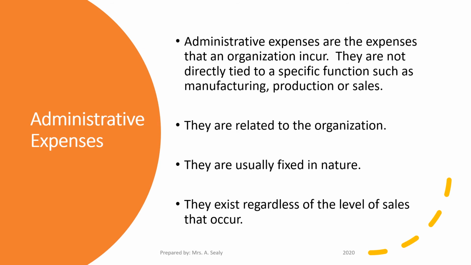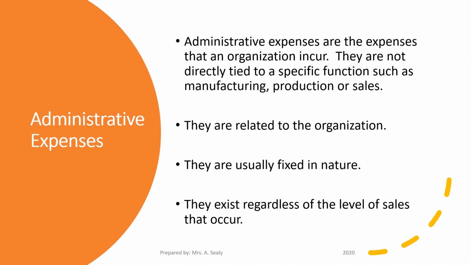They relate to the organization as a whole, as opposed to an individual department. They do not relate to a particular department within the company. They relate to the whole organization.